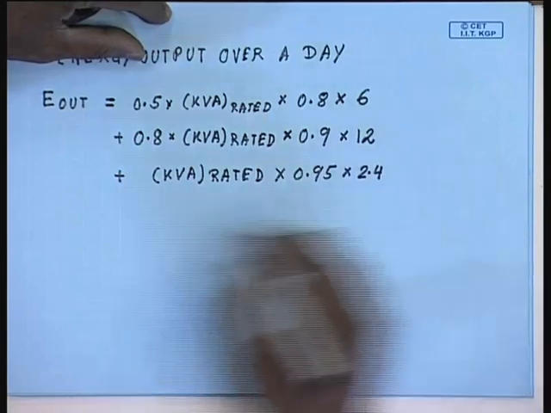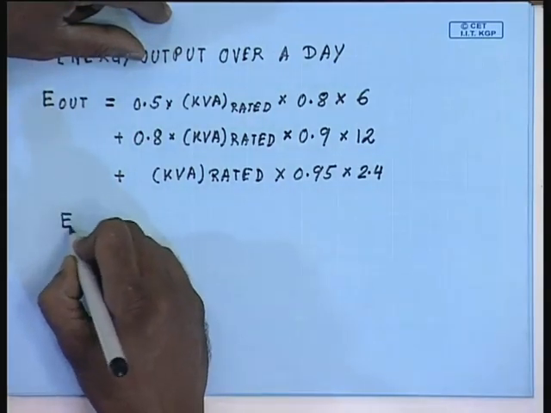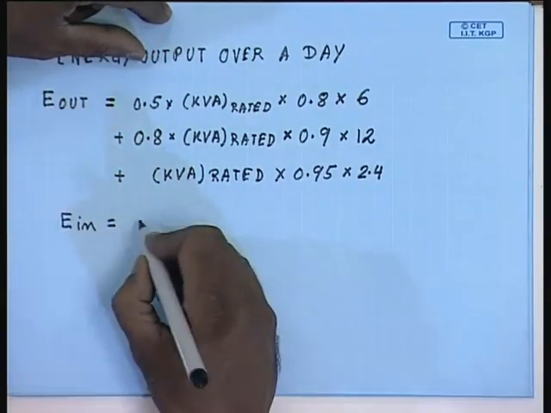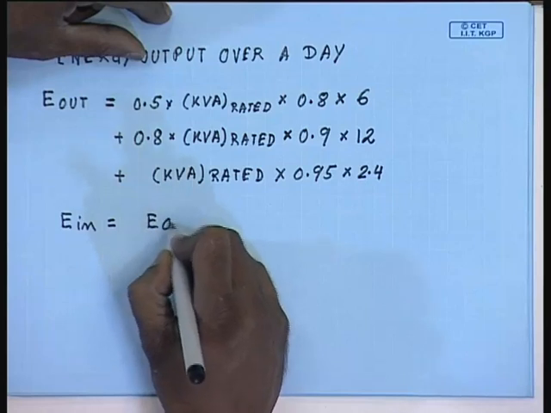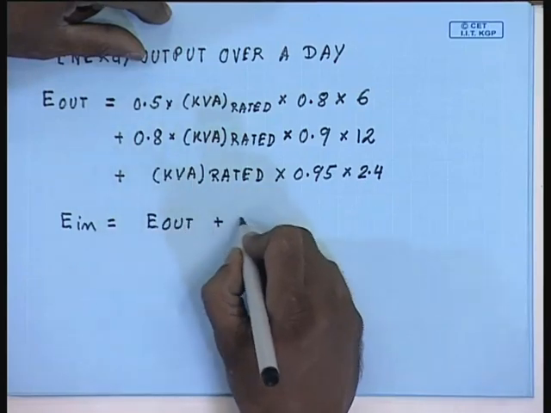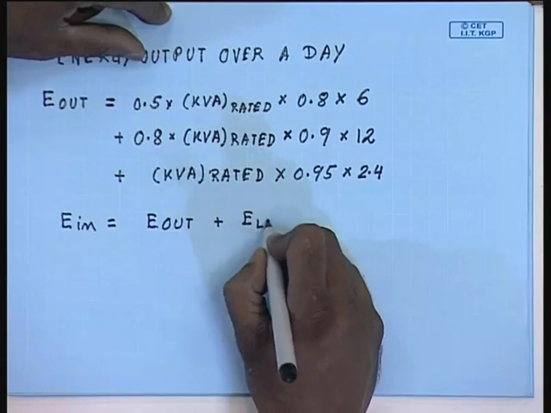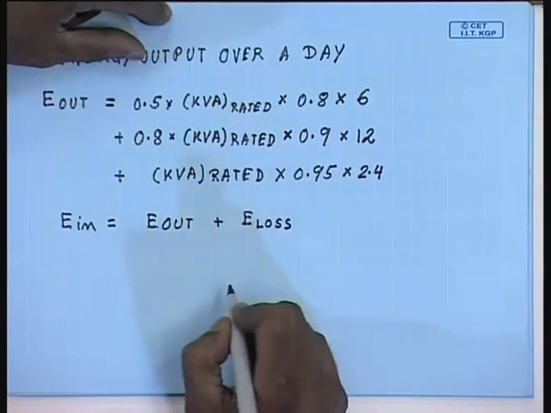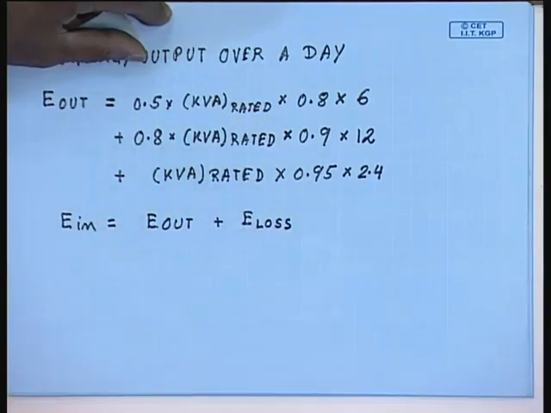What is the total energy input? E in is equal to E out plus E loss. How do I calculate the losses?